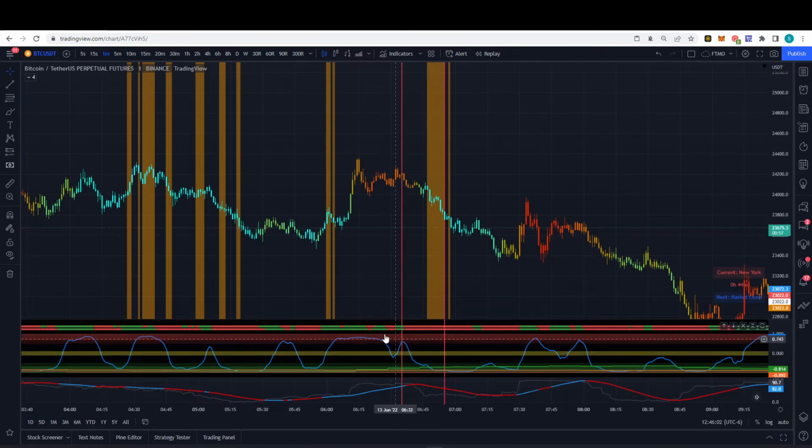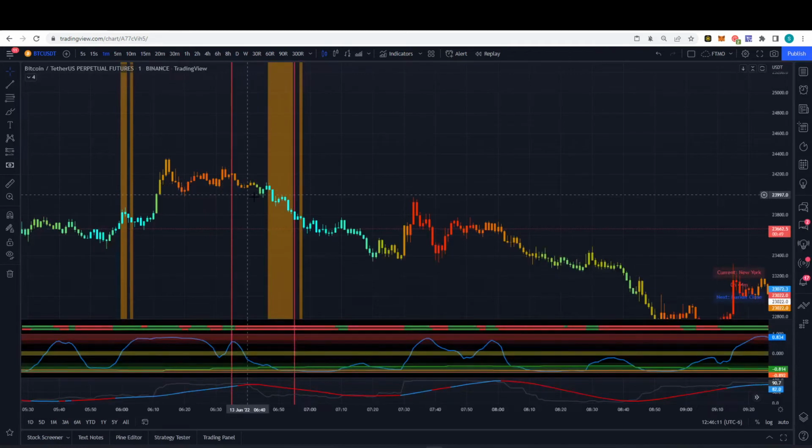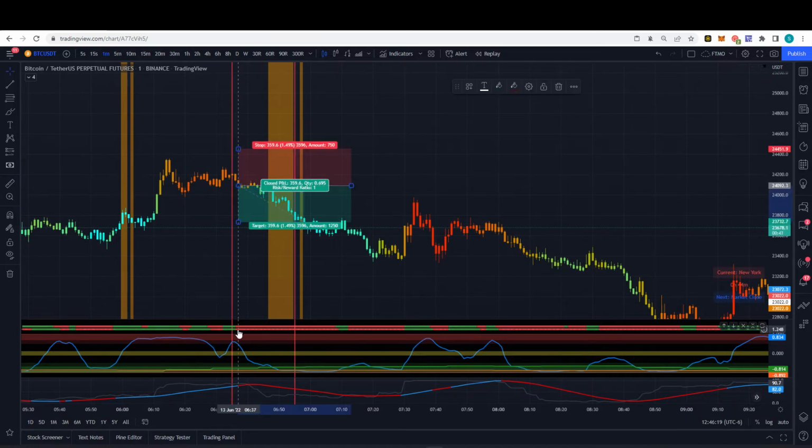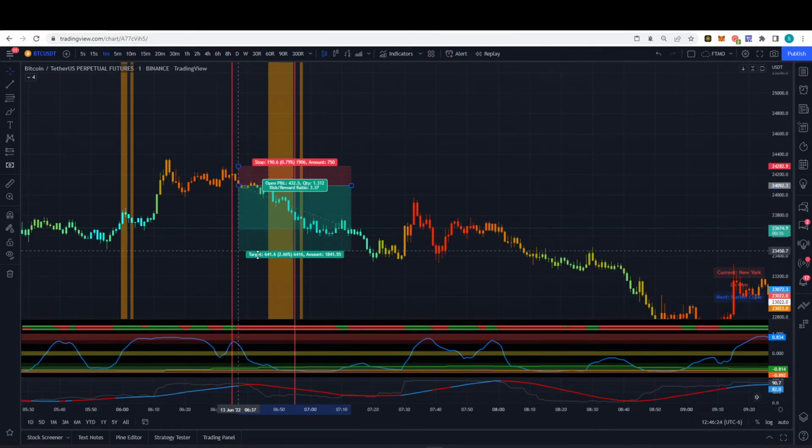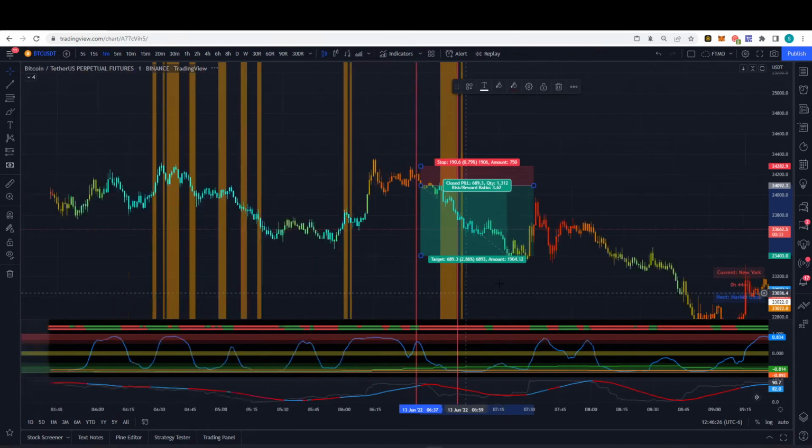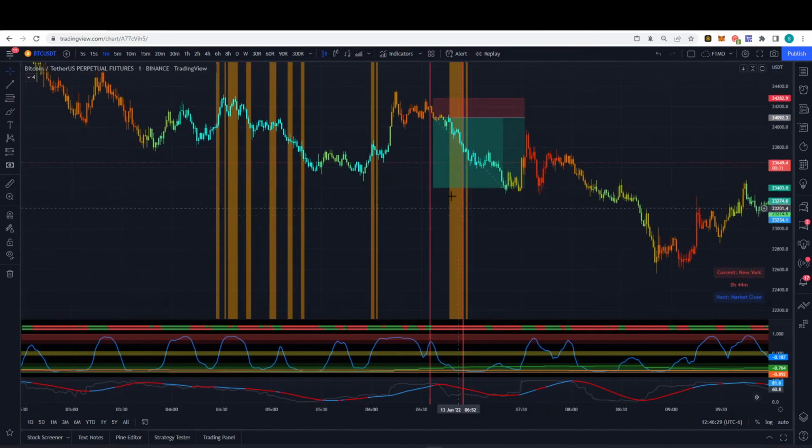So we get this. This is our line that we had marked out on the 5 minute. And then look, we get our 1 minute entry. 1 minute entry here, confirmed on the trend bars as they flip. Stop loss above the high. And you can run with it.